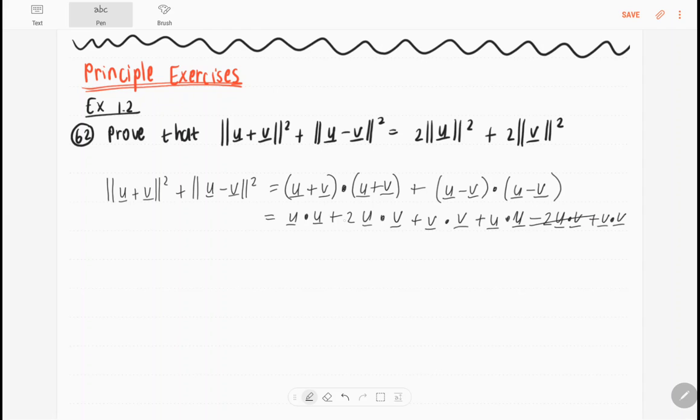So this term cancels with this term, so we are left with 2 u dot u plus 2 v dot v. And u dot u is the same as the norm of u squared, and v dot v is the same as the norm of v squared, so we have 2 times the norm of u squared plus 2 times the norm of v squared.